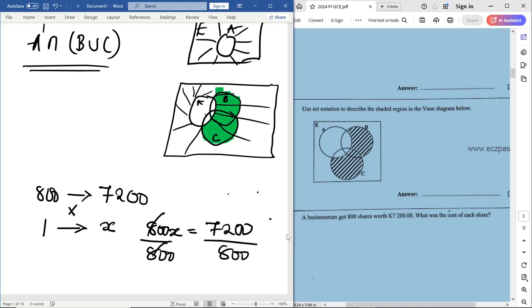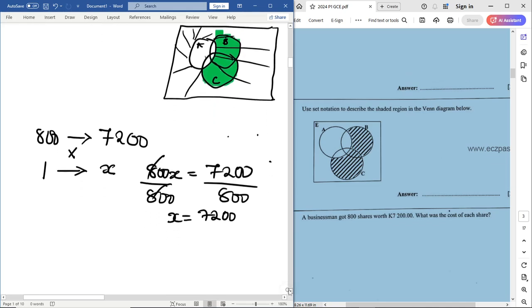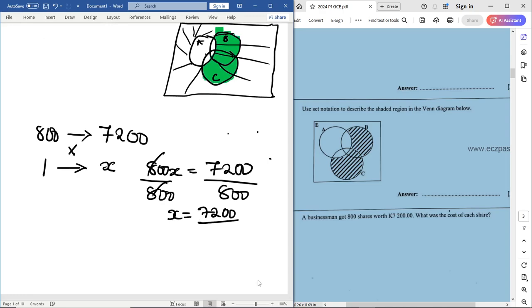So these will cancel. We have that our x is equal to 7,200 divided by 800. Since we're not allowed to use a calculator here, what we're simply going to do is cancel the zeros. We're left with x equal to 72 over 8.